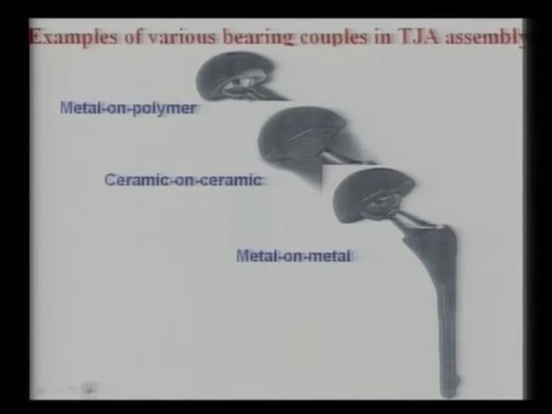Now there are three combinations of the bearing couples in total joint arthroplasty. TJA stands for total joint arthroplasty, and THR stands for total hip joint replacement. In total joint arthroplasty, what you can see here is a metallic ball and a polymeric cup. You can get a ceramic cup also, and a ceramic ball also, and you can get a metallic ball as well as a metallic cup.